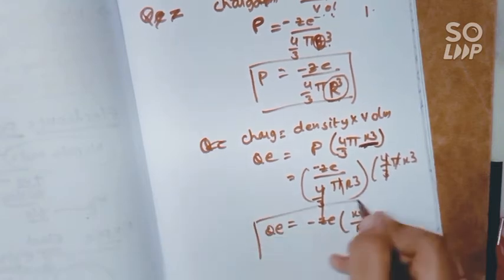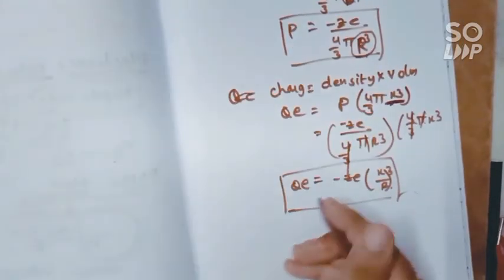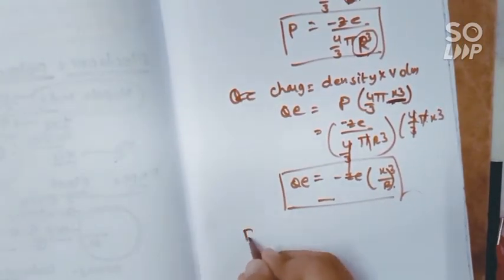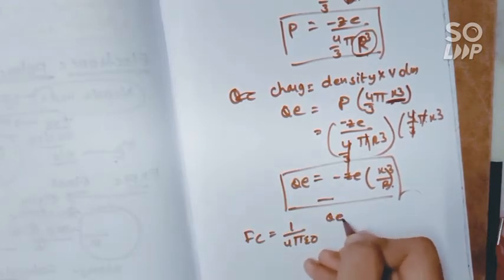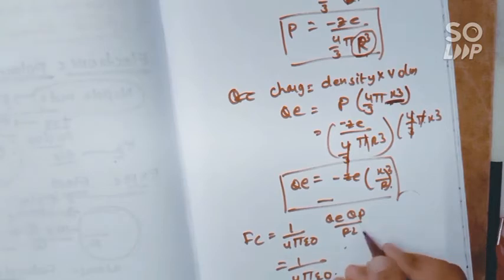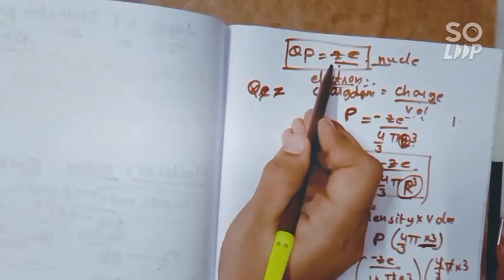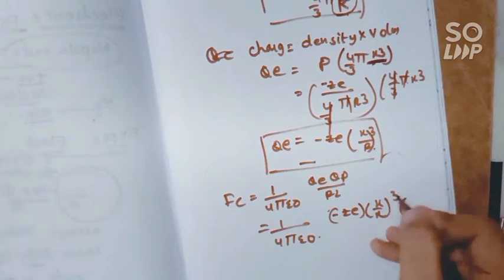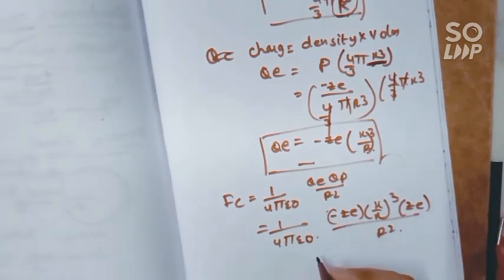What is this? Qe. Now we have the charge of the proton and the charge of the electron, so we need the Coulombic force. Coulombic force is 1 by 4 pi epsilon naught into Qe into Qp by r square. From this we can write 1 by 4 pi epsilon naught into Qe, which is minus Ze into x by r whole cube, into Qp, which is Ze, divided by x square.